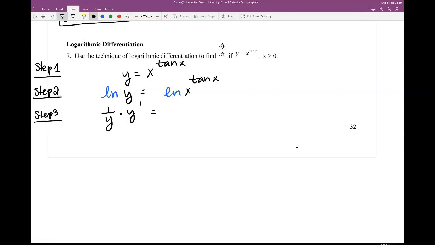What is the rule for natural log of x to the u?